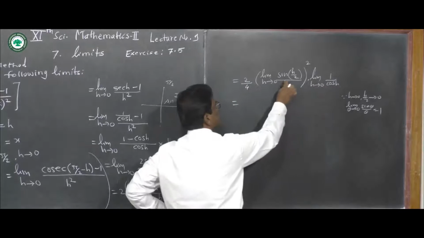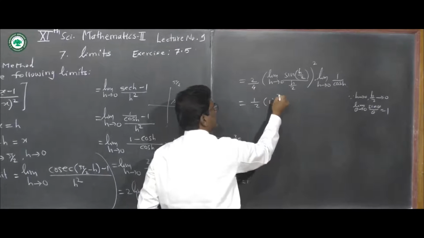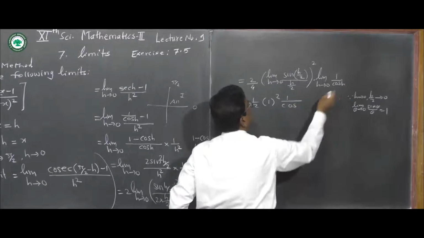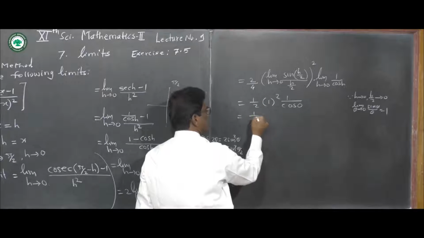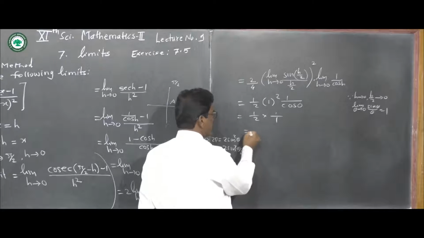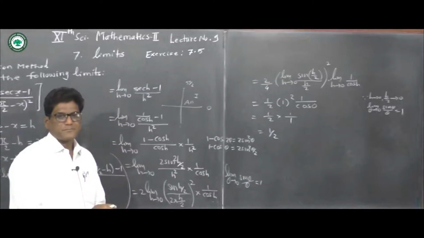So the value of this bracket is 1, and here 2 by 4 is 1/2, here 1 bracket square into 1 upon cos of, here put h as 0, cos of 0. So 1 square is 1, 1 into 1/2 is 1/2, into 1 upon cos of 0, which is 1, and so it is equal to 1/2. The solution of this problem is 1/2.